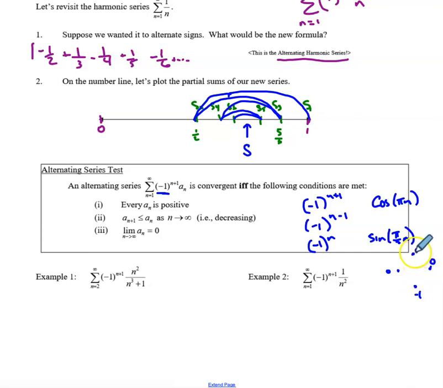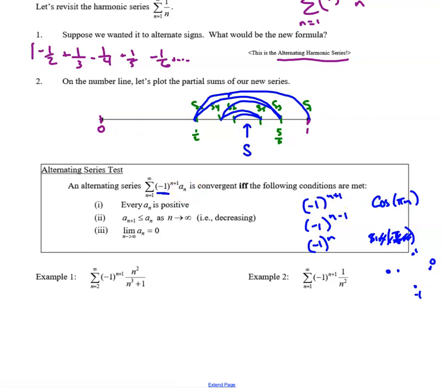The alternator can only go from 1 to -1 to 1 to -1. So the fact that we're adding in these zeros nullifies this as an alternator for our purposes. So we really just use these 4 alternators, and you will recognize them in a series, which makes this series easy to apply because you'll see the alternator and know that you're going to apply the alternating series test.